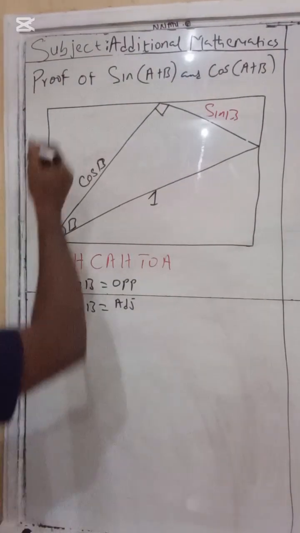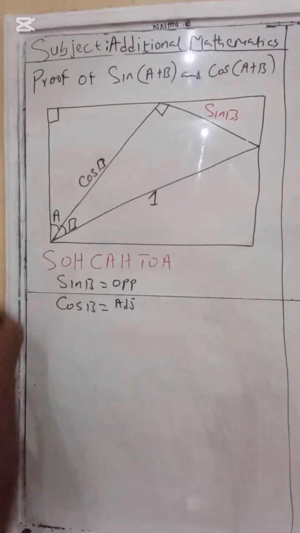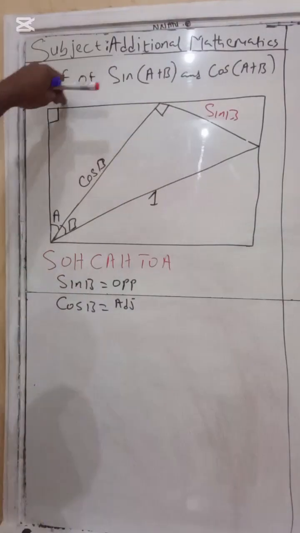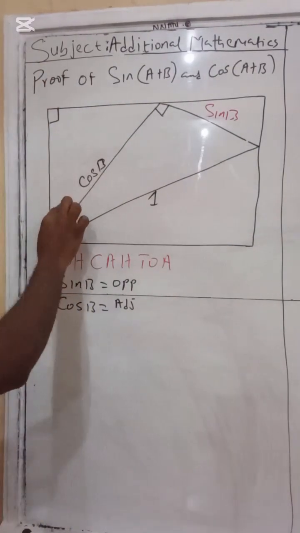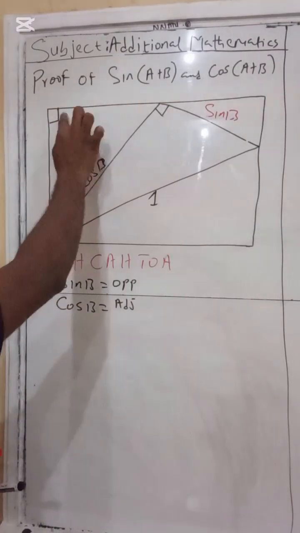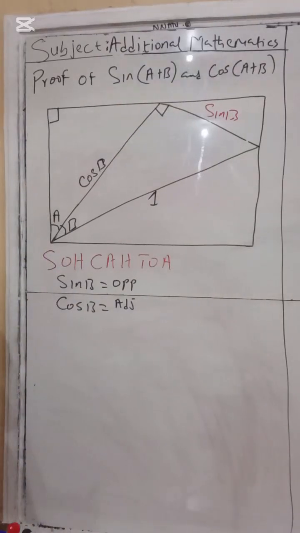So again, let us consider this right angle triangle. Remember that here is angle 90. Okay? So we want to find here and also find here using this angle A. Remember that this side facing angle A is the opposite.